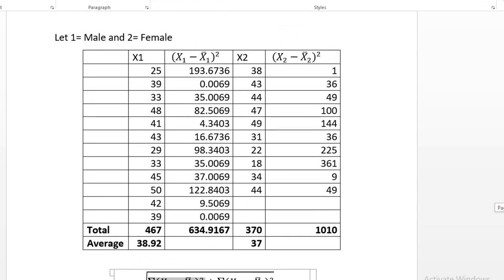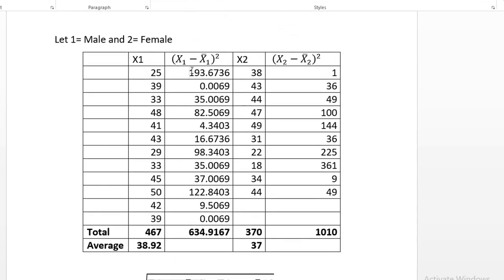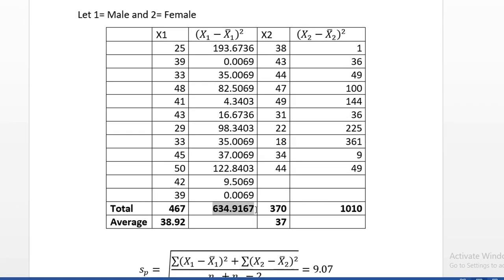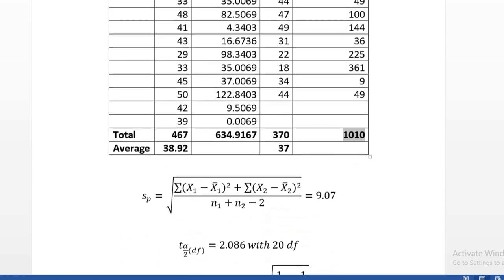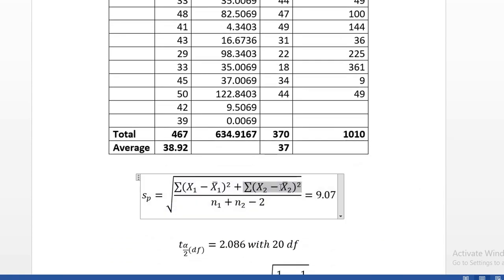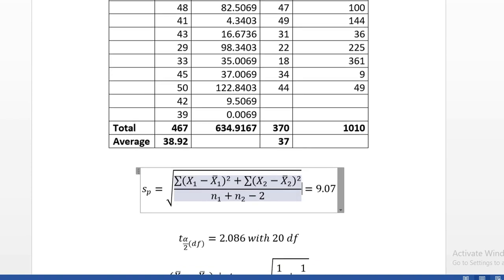Where is my (x1 minus x̄1) squared column? This one. I have to add these values, and this will give me 634.9167. The same case here, I have to take the sum of all these values, it will give me 1010, that is the sum of squared deviations from the second sample. Place all these values in this formula, and I have got 9.07 as the pooled standard deviation.